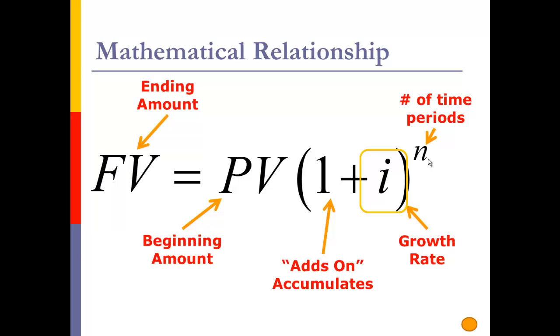We're multiplying the previous amounts, and that's what this formula does. Whereas simple interest had that n down here multiplying to the i. And that's the key difference between compounding and simple interest in terms of the formula, is the position of the number of time periods.